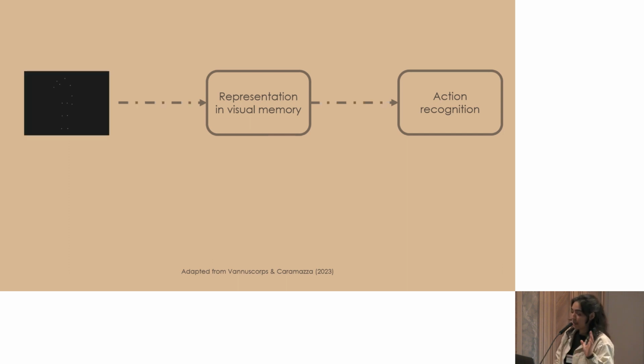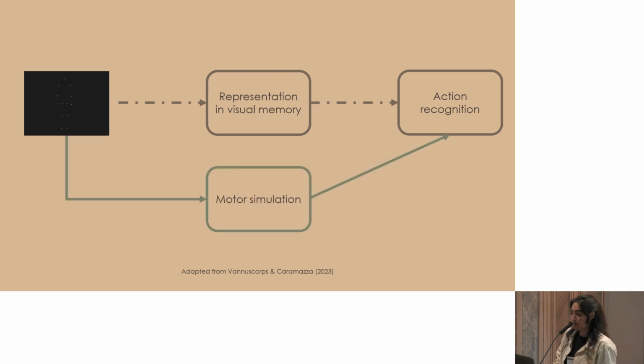However, if the observed body movements are unfamiliar, or familiar but presented in a very unfamiliar format, such as point lights, the results of the visual perceptual analysis may be too different from the visual representation stored in memory. In this case, the model assumes that if the first route fails, then motor simulation could contribute to action recognition.